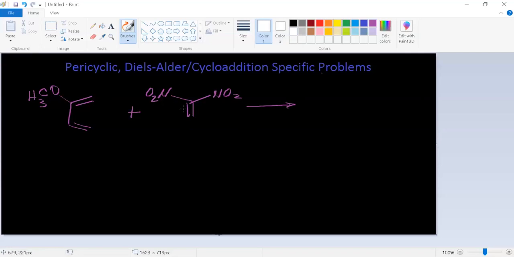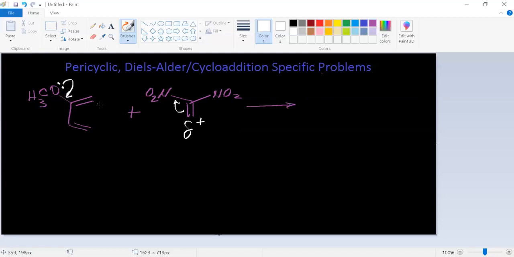So if we said that on the dienophile, the double bond moved up to help stabilize this nitro group, which is a real thing, you'd see a partial positive down at this bottom carbon right here. And you could also say it goes to the other nitro group, that's just fine. But over on our diene, electrons that we should consider are the ones from our methoxy group.